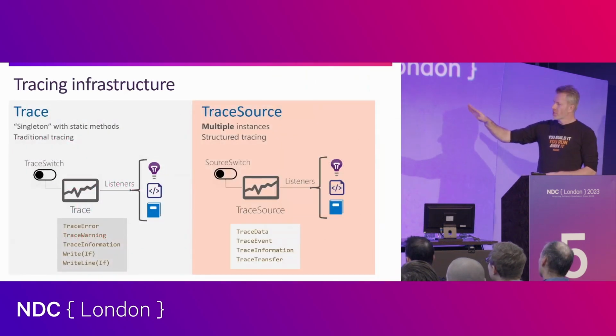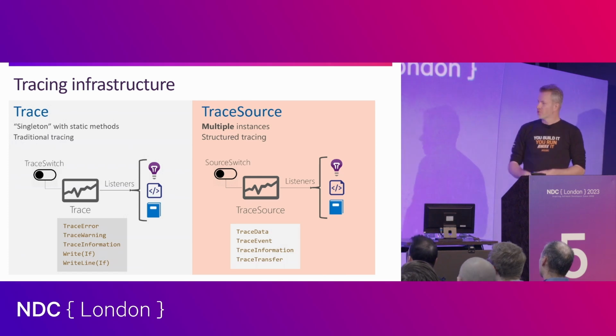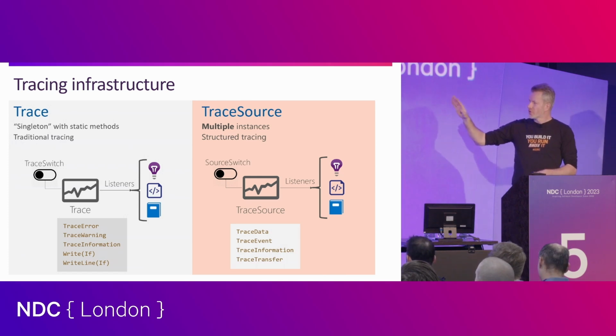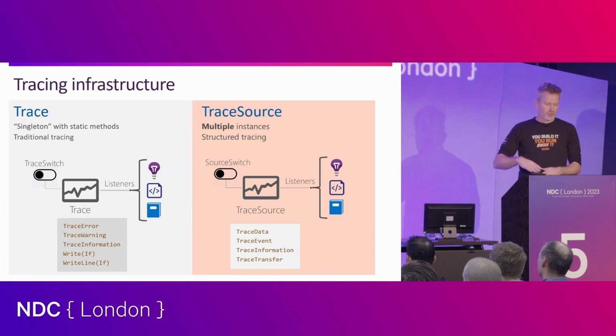But the two sides is that with Trace, that's very easy to use, because with Trace, you have these options to do TraceError, TraceWarning, TraceInformation. Those are the three. Or you can do Write and WriteIf. And WriteIf are conditionals. But the if statement is evaluated, so it does take a performance penalty. But it allows you to send out information any place without having to inject things.